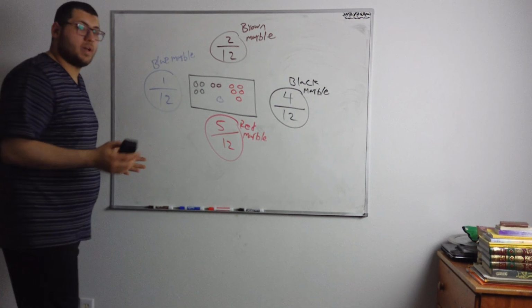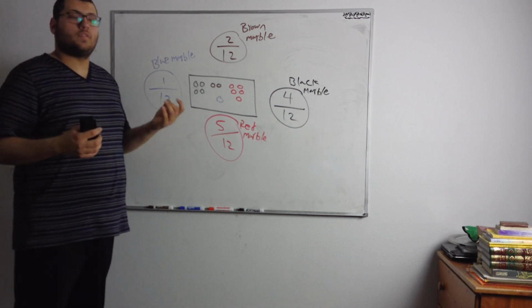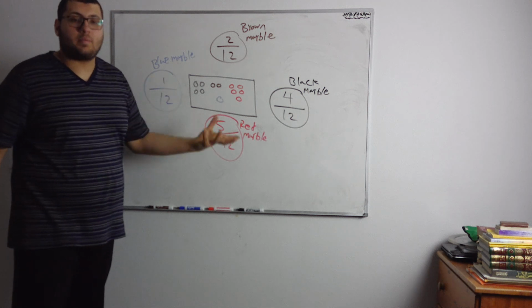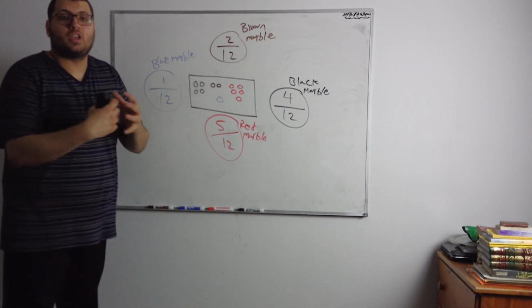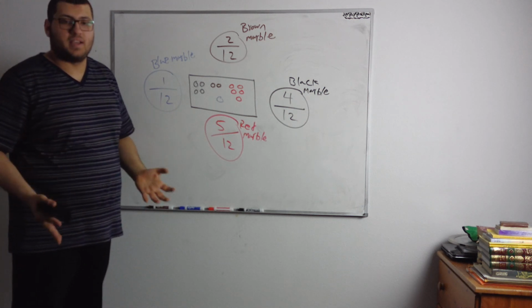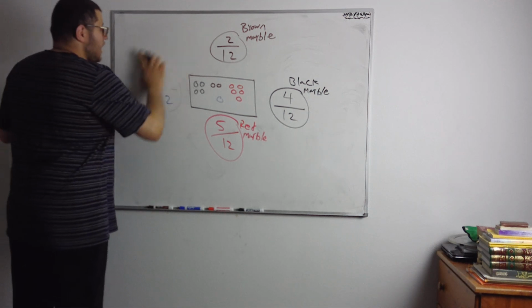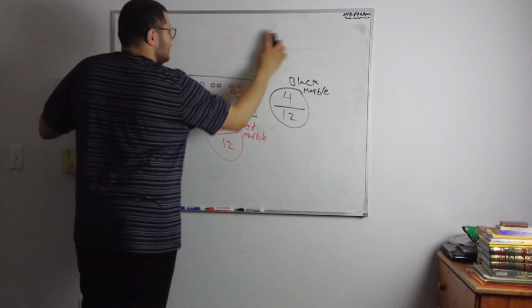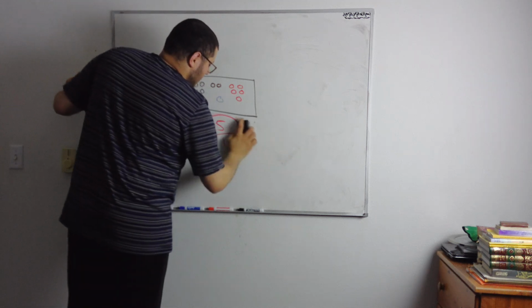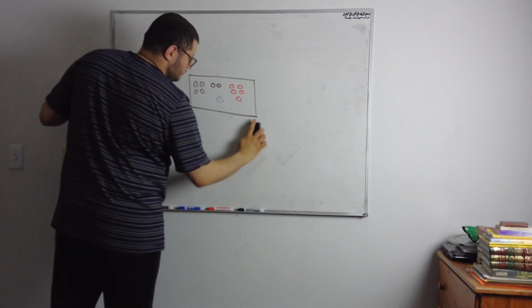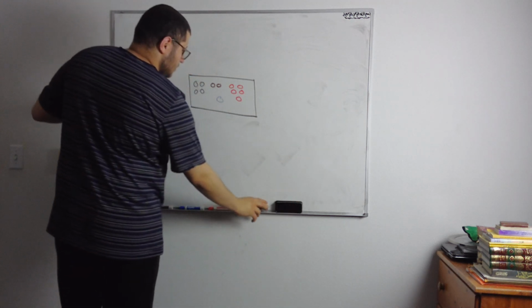We call it combined because we're putting it together. For example, the probability of finding a black marble or a brown marble. So now, what is the probability that we will find a black marble or a brown marble? Well, simple.